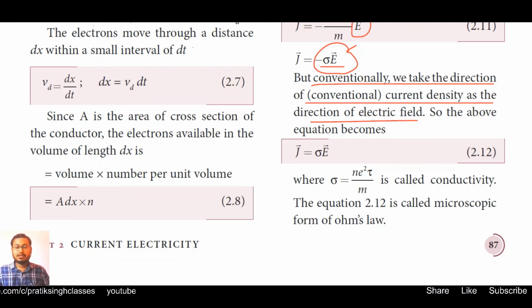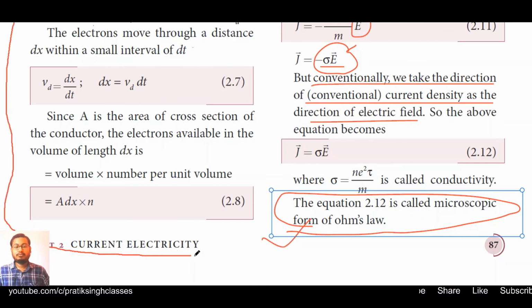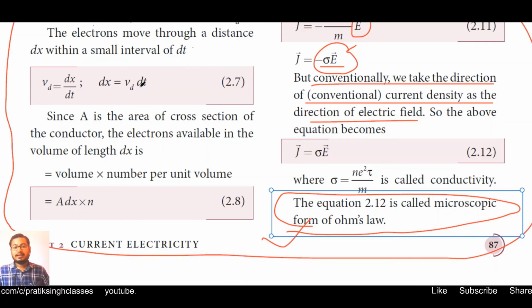There is a book back question: describe Ohm's law in its microscopic form. So you have to write this full topic, with the given formula and the given figure, and it will be of 5 marks.